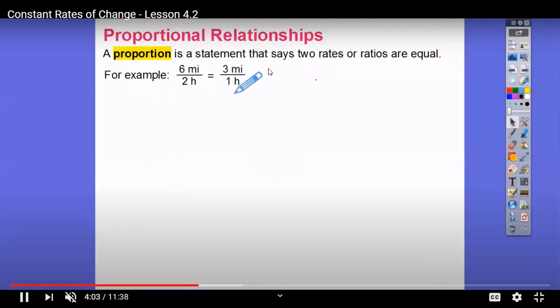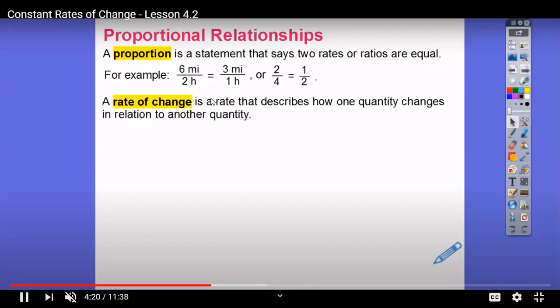When you simplify this one, it will be 3 over 1. We divided 2 by 2 to become 1, and 6 by 2 to become 3. So those two we can denote by a proportion. Also 2 out of 4 equals half if you simplify.